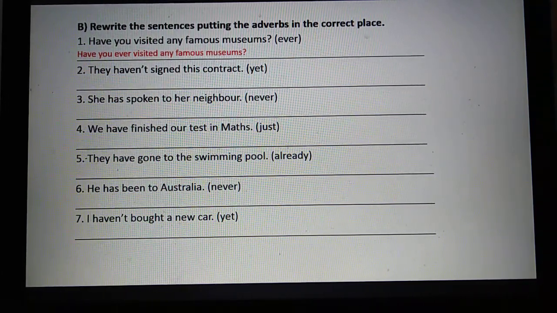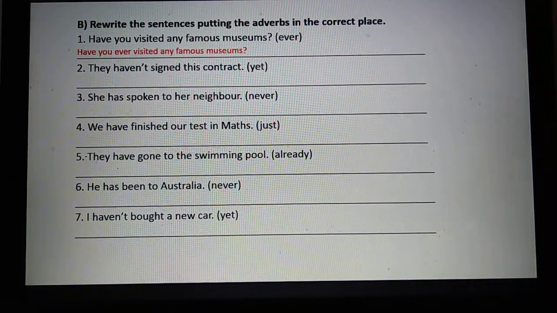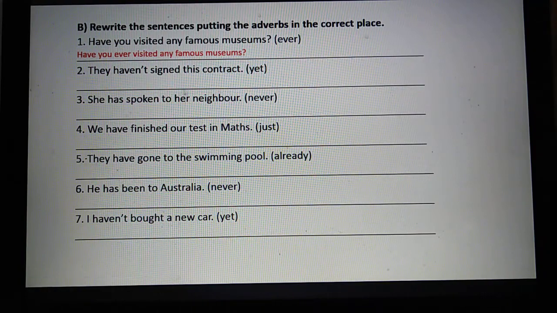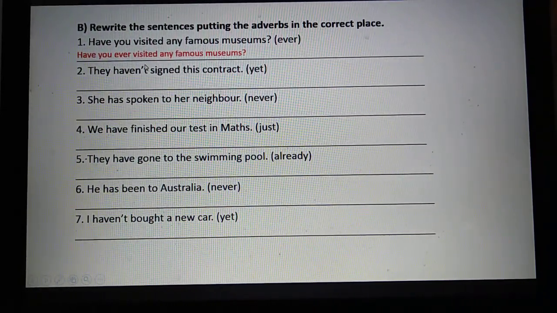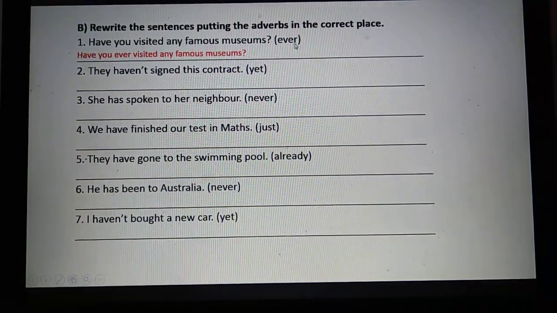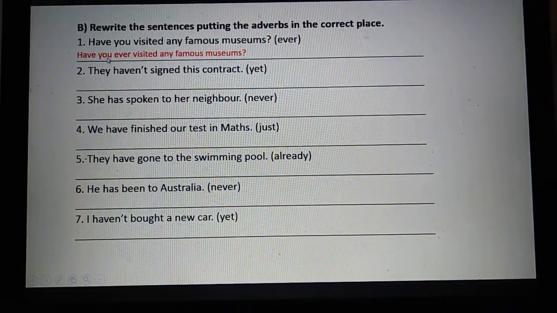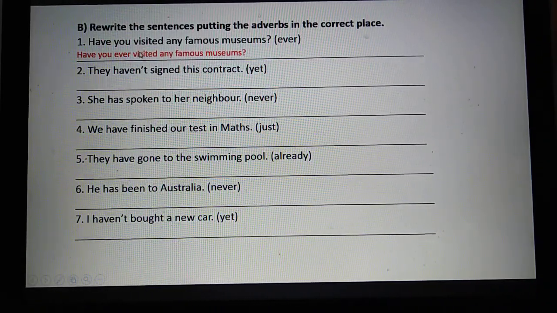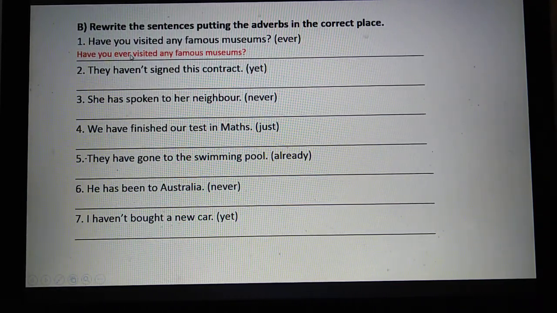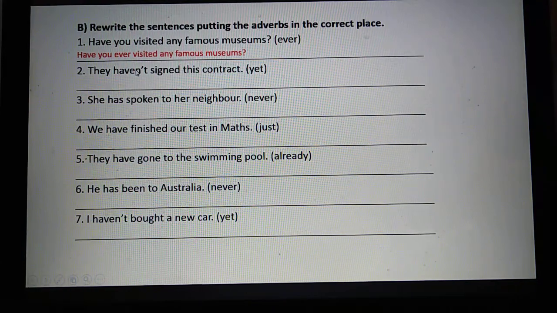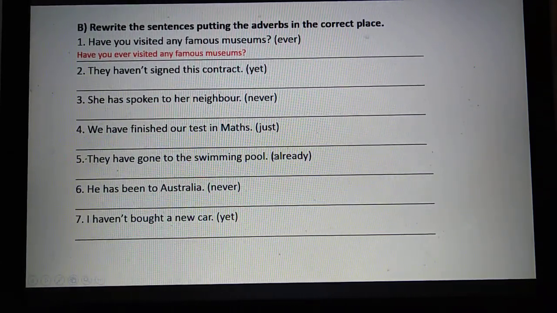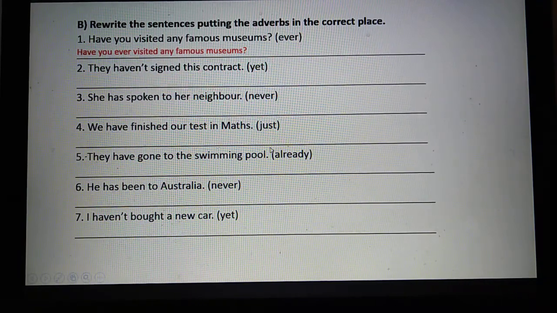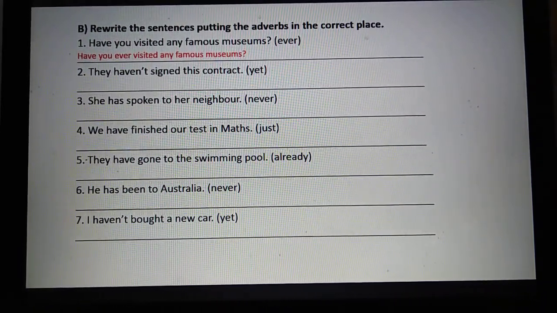So the answer is, have you ever visited any famous museums? So remember that the adverb should be between the subject here and the verb, especially already, just, ever, and never.